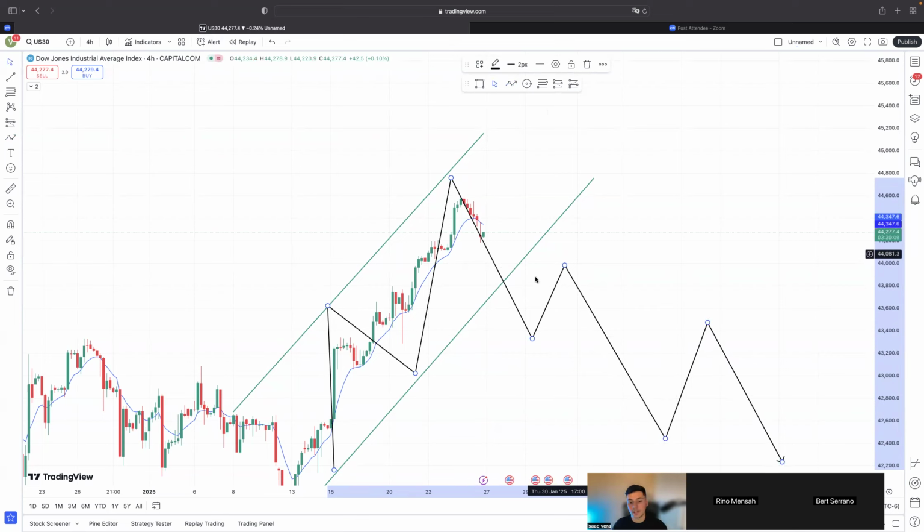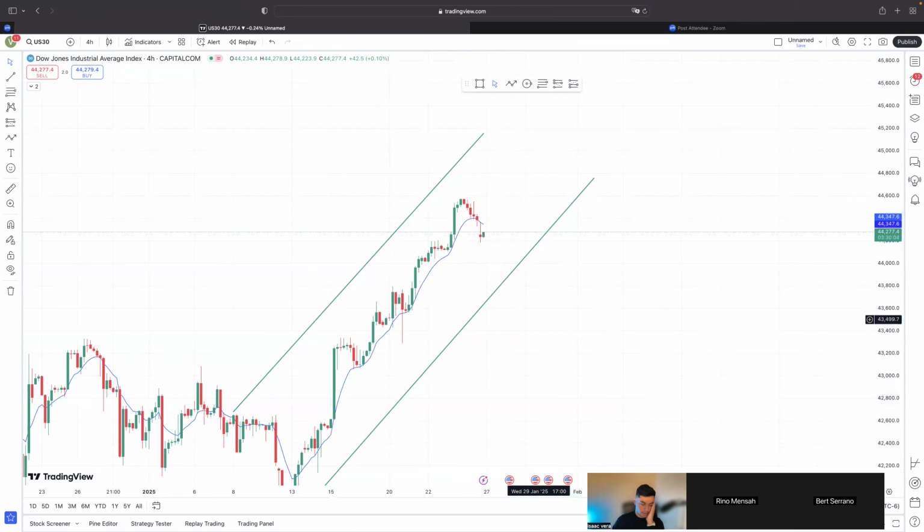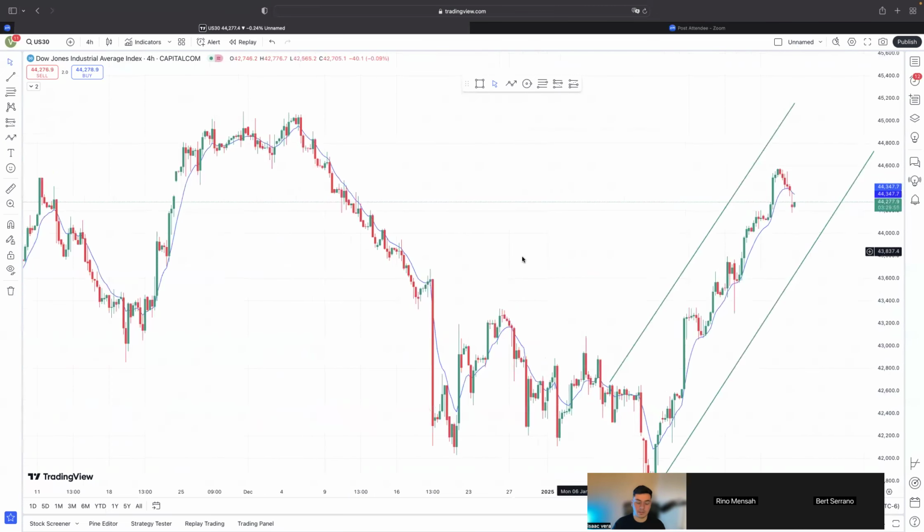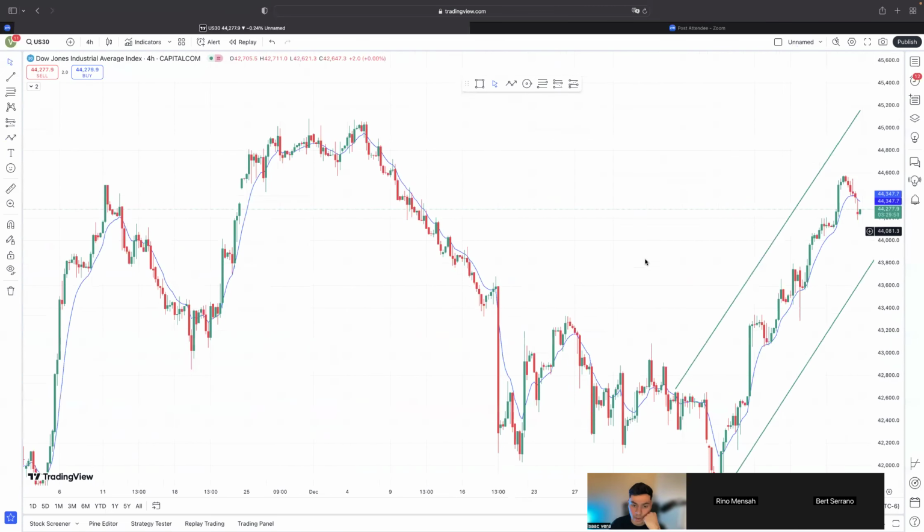That's the only case scenario where I would be taking sales. But anything regarding a bullish market structure, the market being bullish, I would only be looking for buys. And the same thing for a bearish market structure: I would only be looking for sales in bearish market structures.